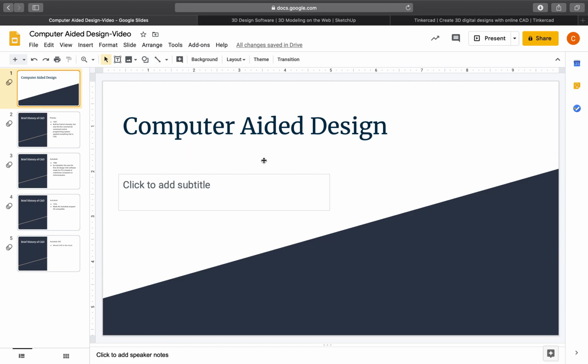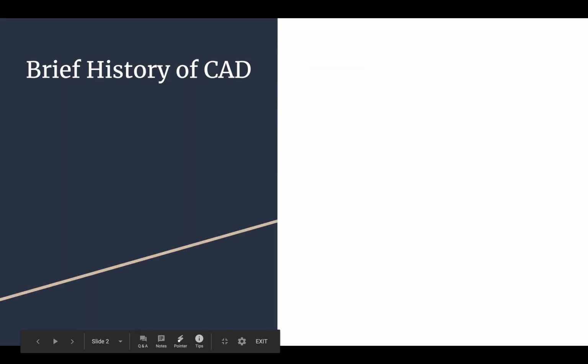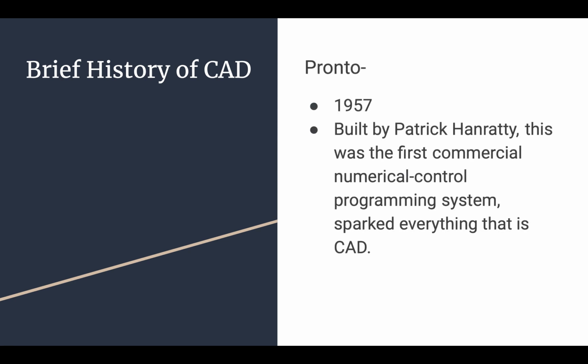All right, in our CAD, we are going to talk quickly about a very brief history of CAD, only pulling out the high points. CAD was started in 1957 with a program called Pronto. Now this was the origin, the genesis of CAD and computer-aided design drawings.